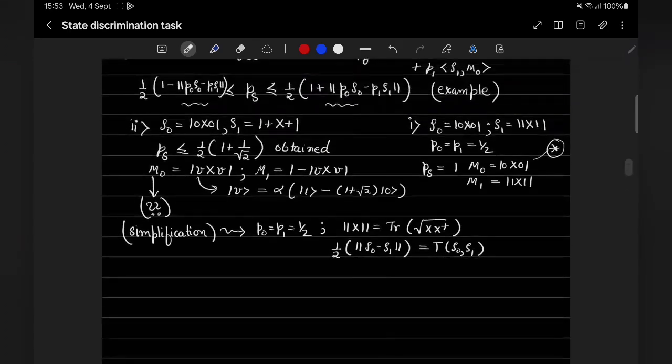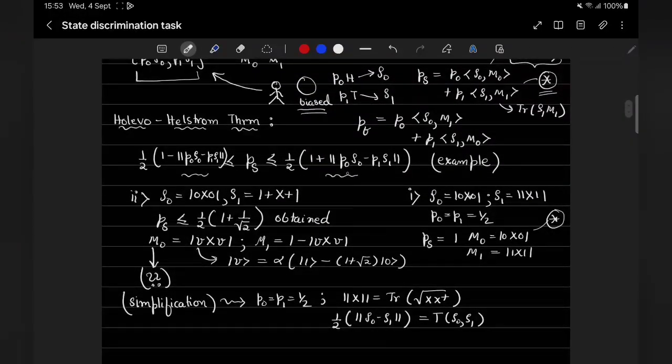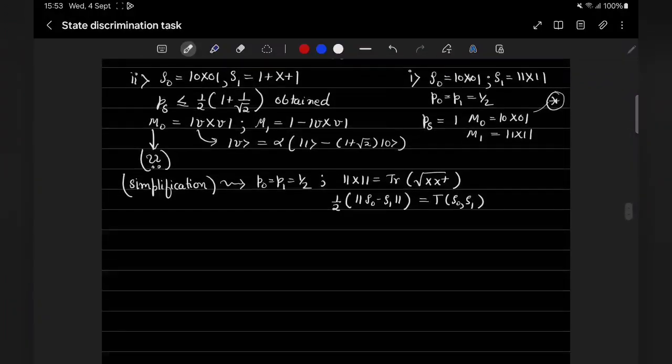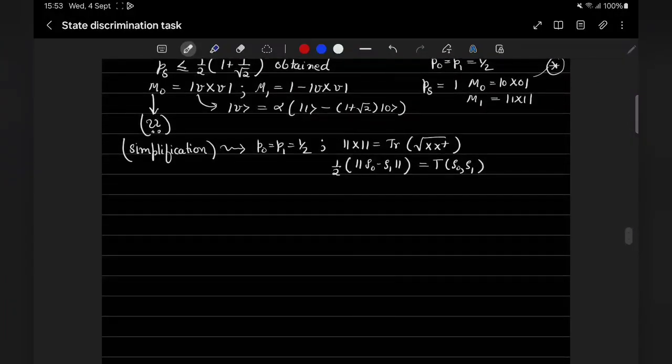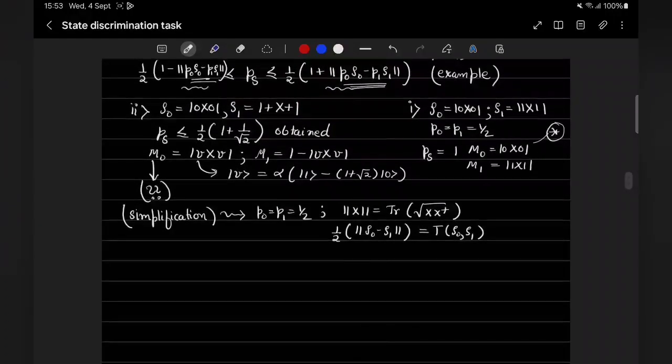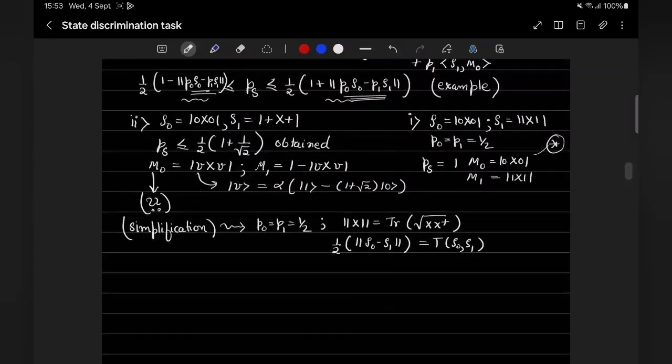And we can see that what we get here is exactly the trace distance in the upper bound and the lower bound. Further, the trace distance can be simplified to fidelity if we have pure states. For example, in this example I had the pure state, so let me use a different color.